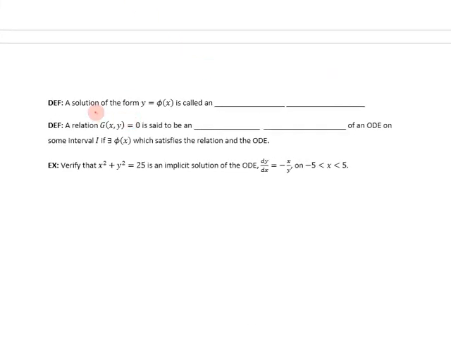When you have a solution that has been solved for y, meaning like the ones that we just did in the examples above, where I had y equals some function, if that's the form that your solution is in, we call that an explicit solution.